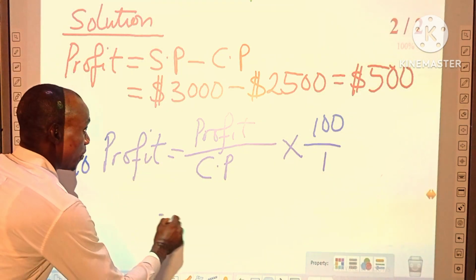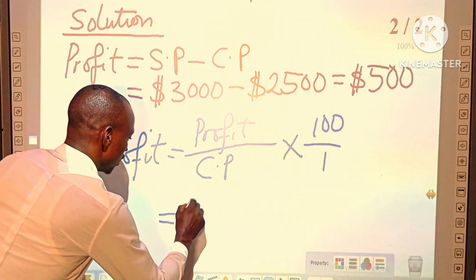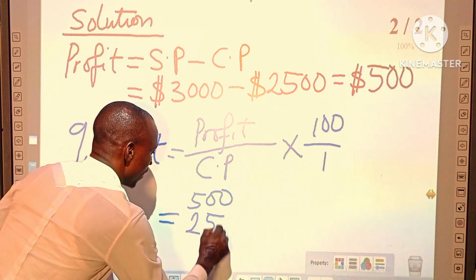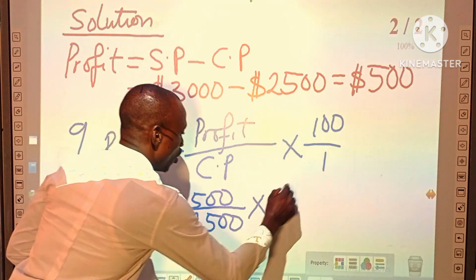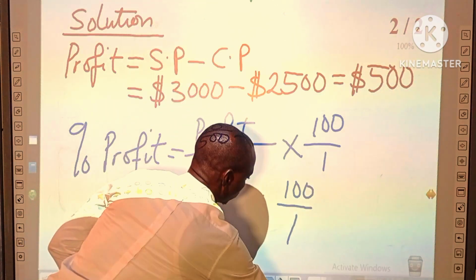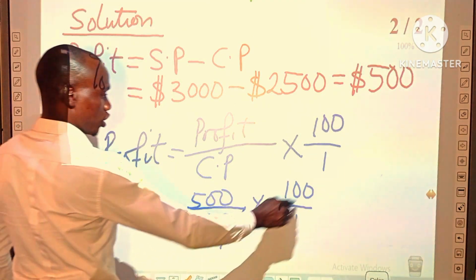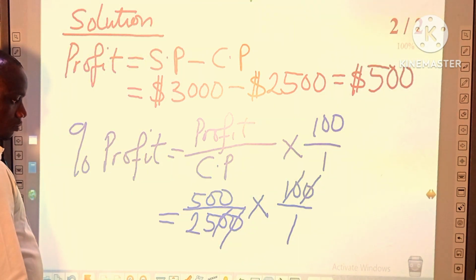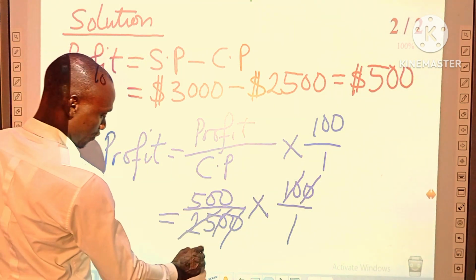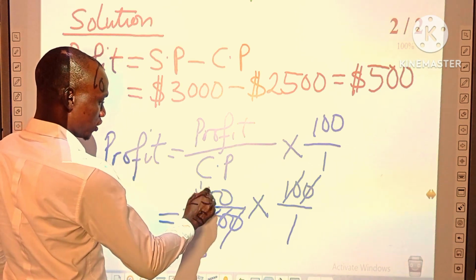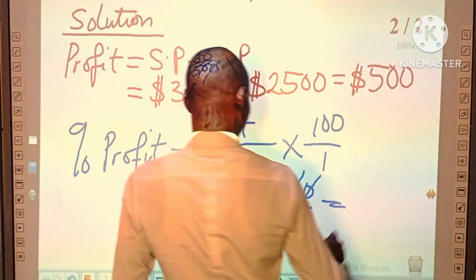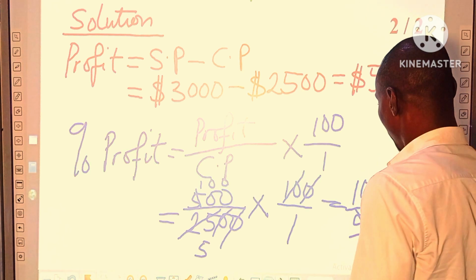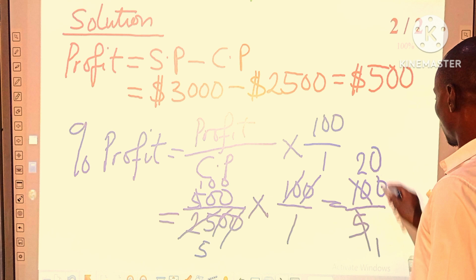Now, we're going to input our parameters. Our profit is $500, while the cost price is $2,500, times 100 all over 1. This is easy. Now we can cancel off the zeros. 5 into 5 gives us 1, 5 into 100 gives us 20.